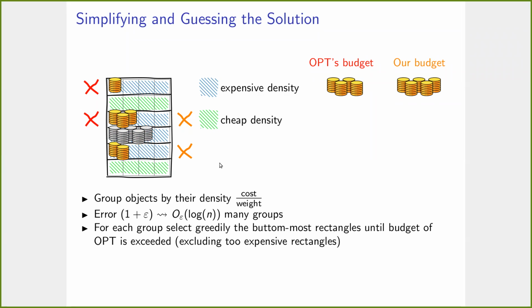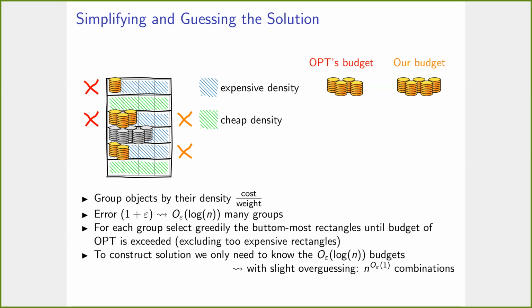And since we paid at least as much as opt paid, and we have the same cost and weight ratio, we know that we also cover at least as much with our rectangles. So this essentially leads to that we remain feasible here.